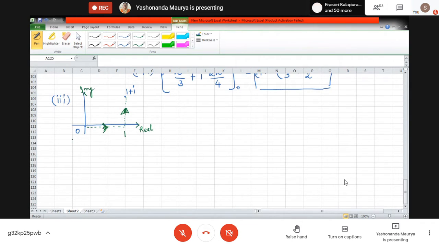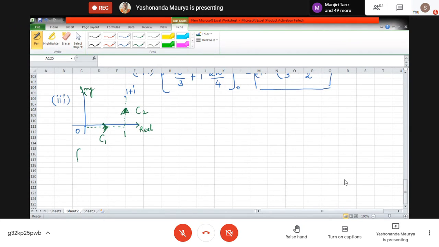Now it is a combination of two curves. Let me call this the curve C1 and this the curve C2, the straight line and the straight line. Now how do I do the evaluation of this integral? We want to evaluate the integration on the total curve, so one by one we'll evaluate.